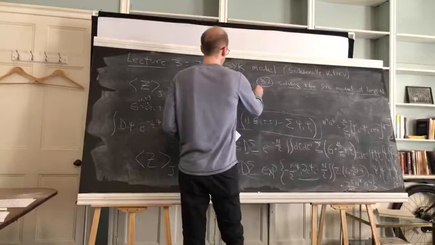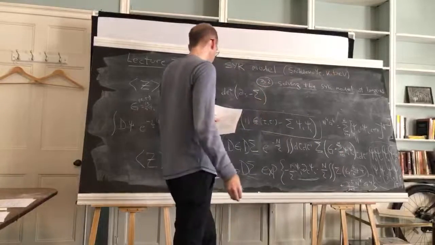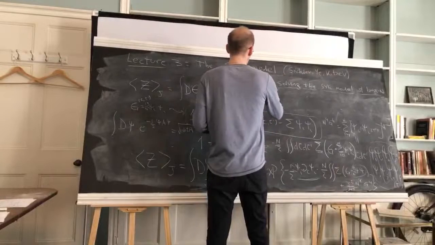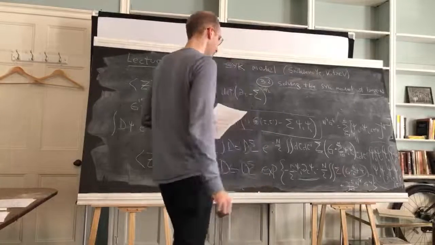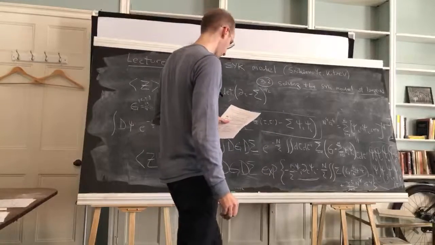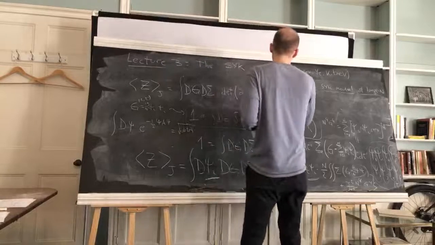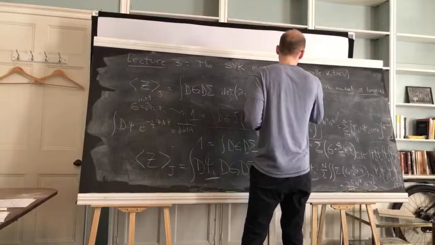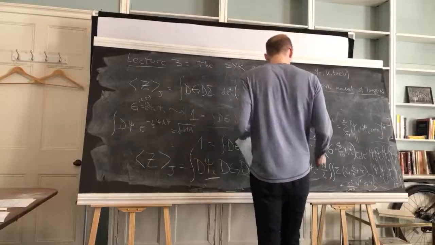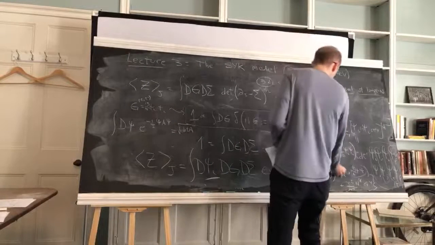So dt minus sigma, determinant of this, to the n over 2. And then I have the exponential of whatever is left, that is sigma g.